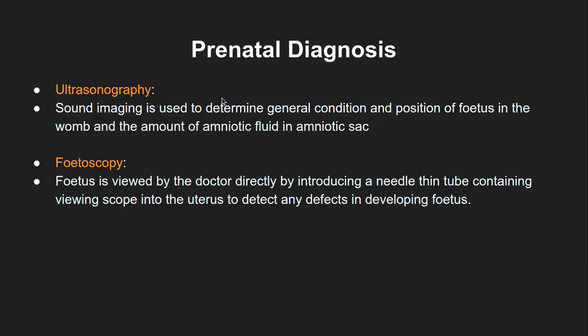Now, one important fact, I don't know if I mentioned it earlier: during the second month, when the endoderm, mesoderm, and ectoderm have already started forming organogenesis, some time after fertilization, different organs are formed, and they also start forming the reproductive structure.